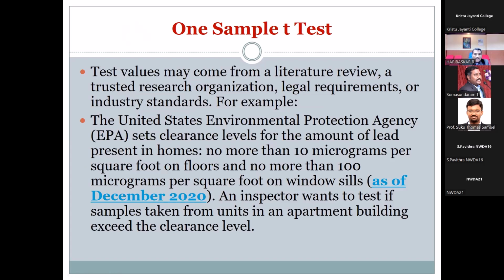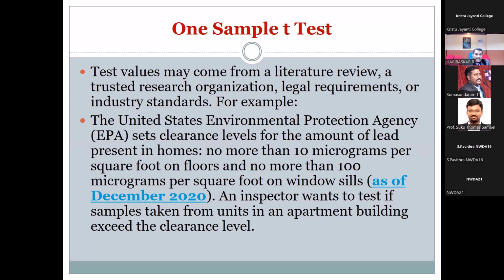This can be used under certain circumstances, like the one example I have given here. If we know the standards for the population, for example, we collect samples and take data of patients admitted in a hospital.